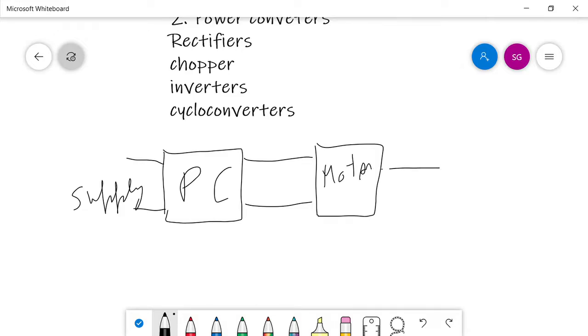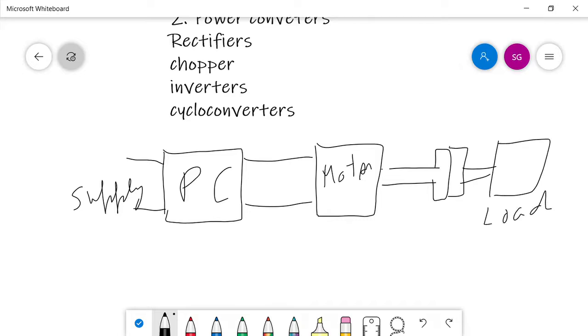This motor is mechanically coupled to a load. Okay, so these power converters basically control the speed and torque of this motor, so that the load torque and speed, omega being the rotary speed, could be controlled.